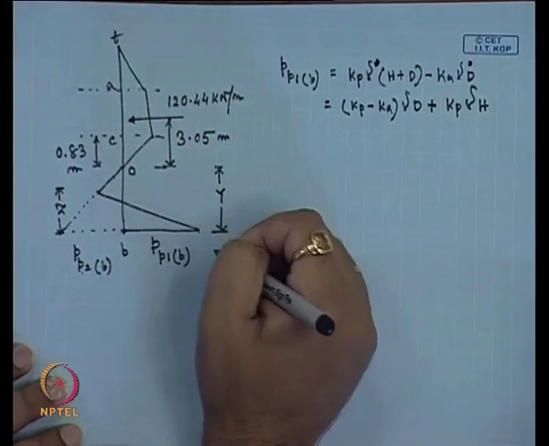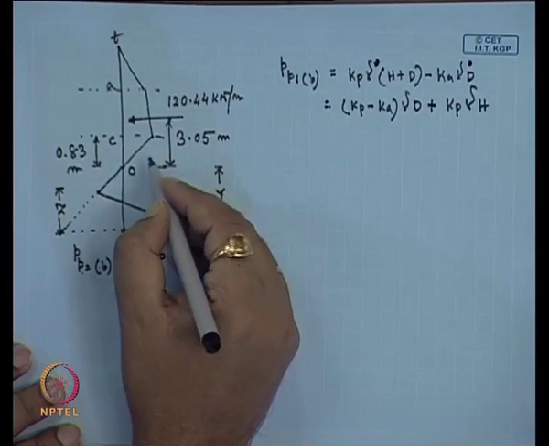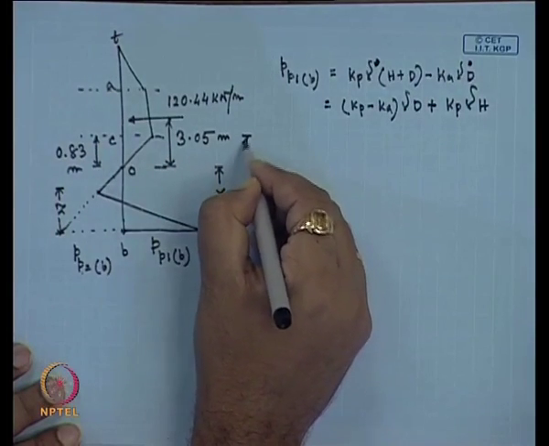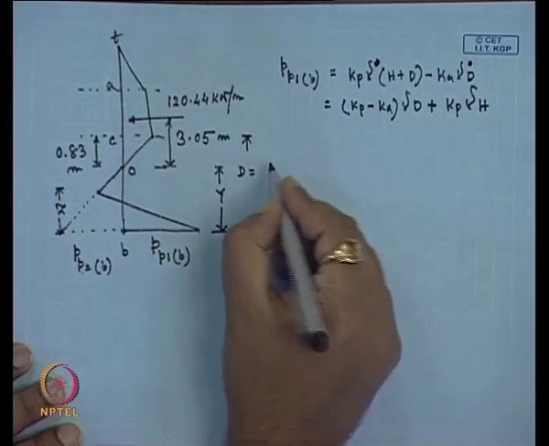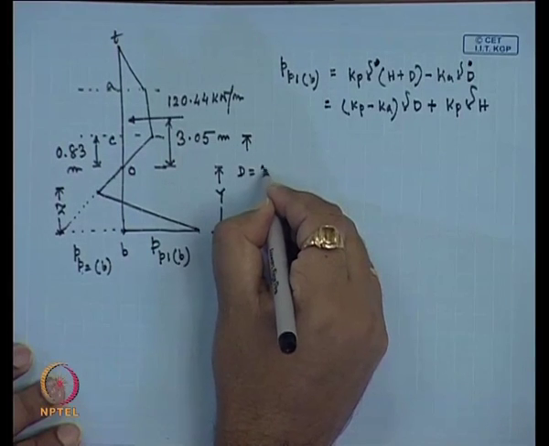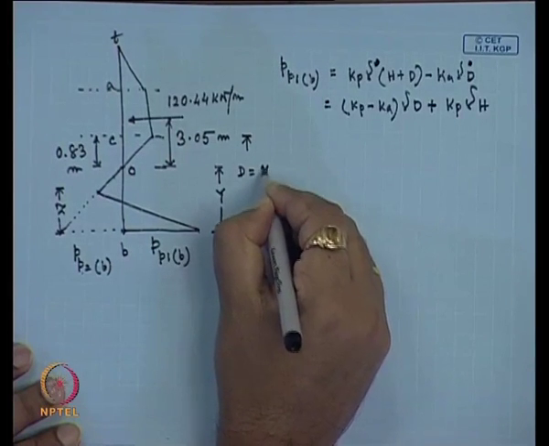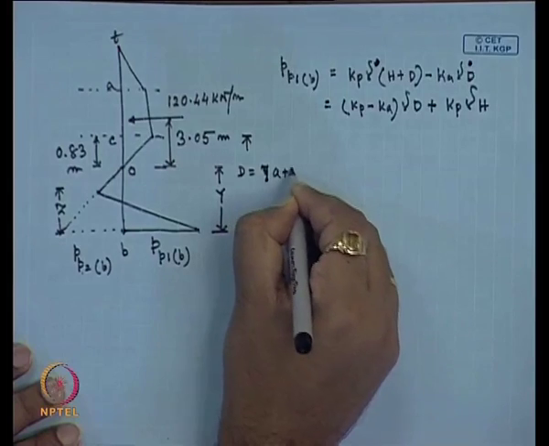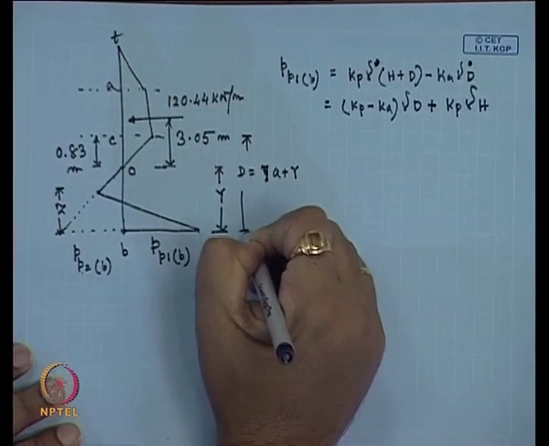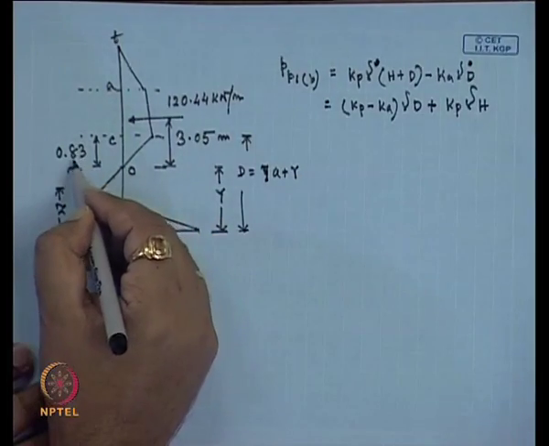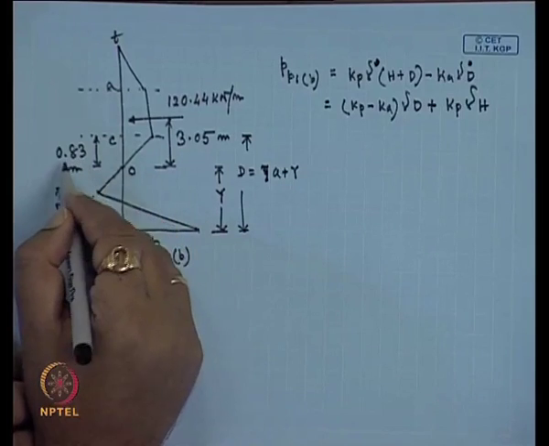Now, from this figure we can see that D is basically A plus capital Y. Here A is Y 0, that is 0.83.